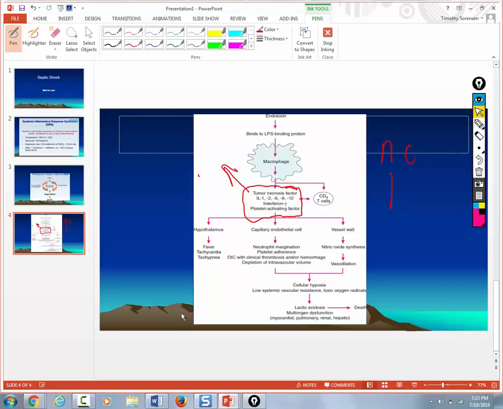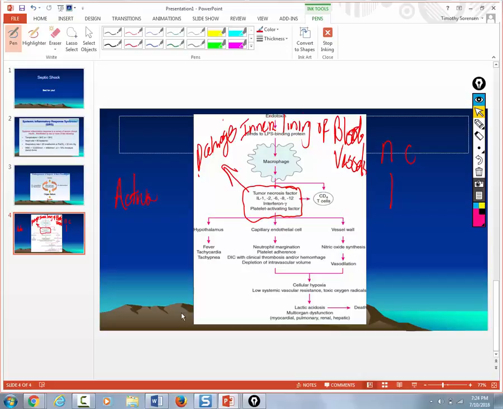And they release all of these chemicals: tumor necrosis factor, the TNF, that damages the inner lining of blood vessels. Are you with me?